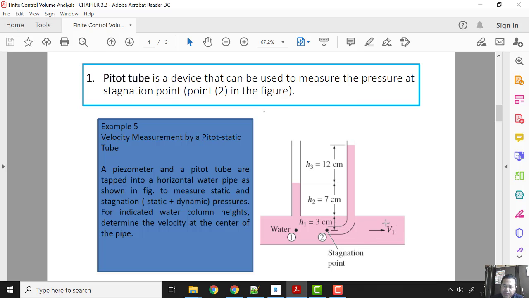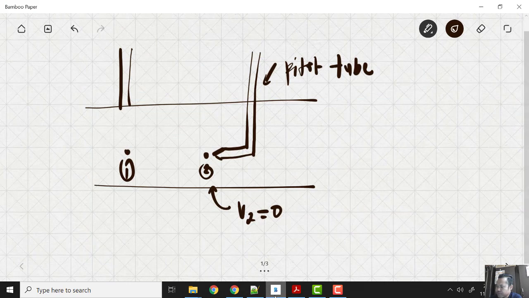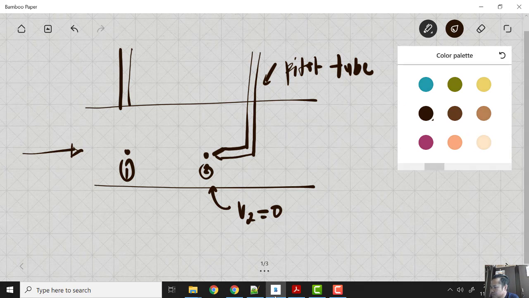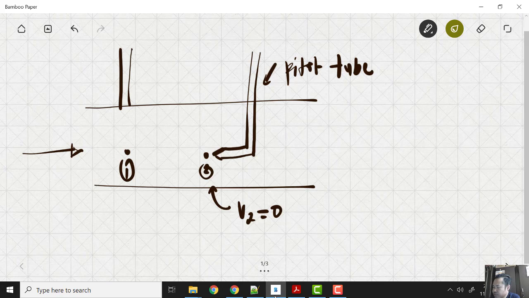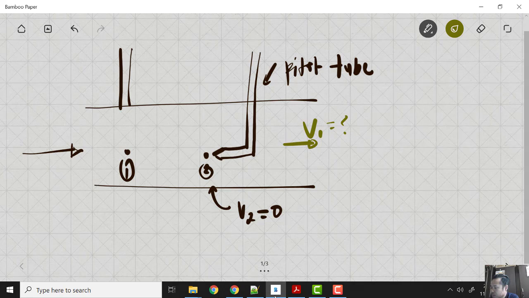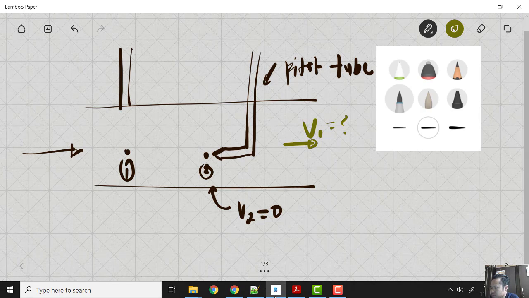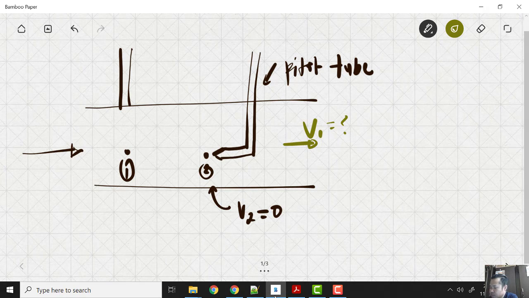We want to find the velocity here, V1. So how do we find the velocity? Very easy. We have water flowing here. They have given us the column height.